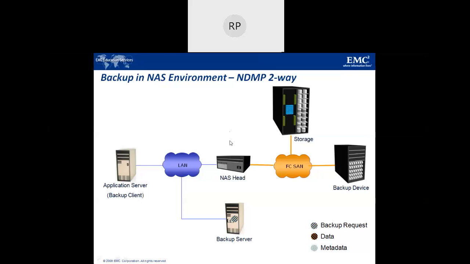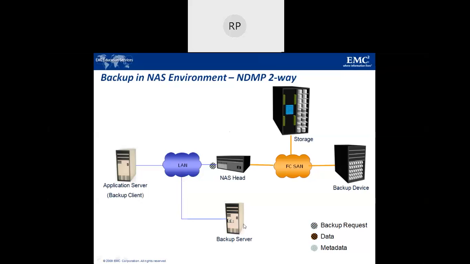Now this NDMP is a three-way method where it is going to establish a separate private backup network between all NAS heads and the NAS head connected to the backup device. Now let us see how this works.